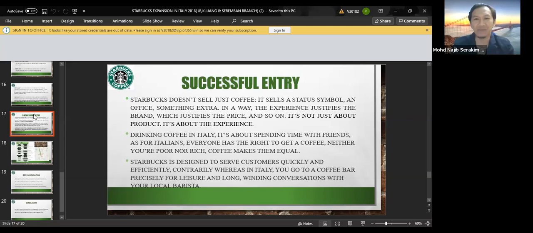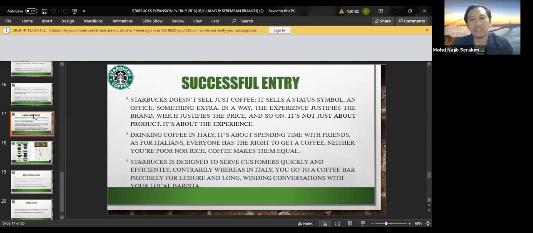You can imagine how Starbucks put its first step in Milan, having to face all these Italian baristas, so they have to come up with something that can compete with the Italian quality of coffee making.